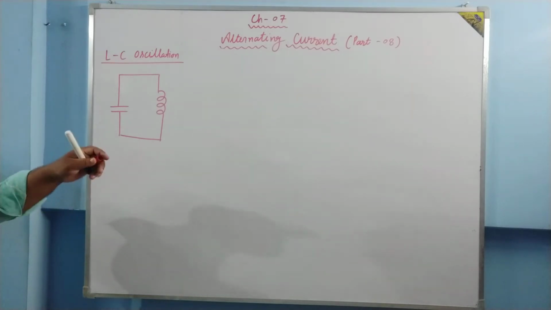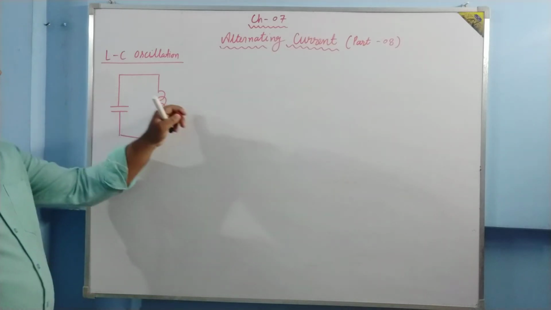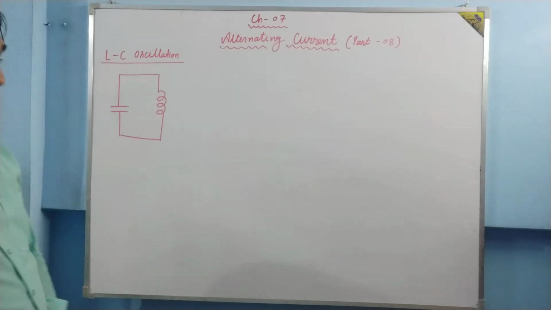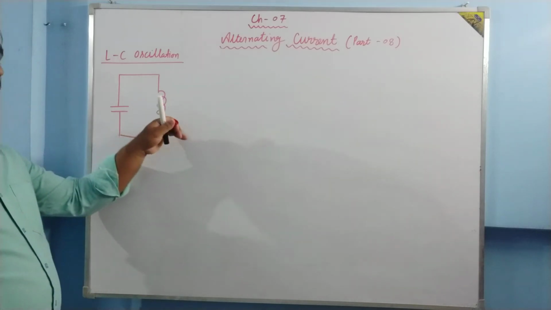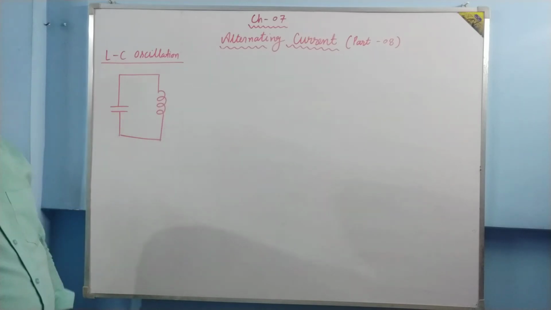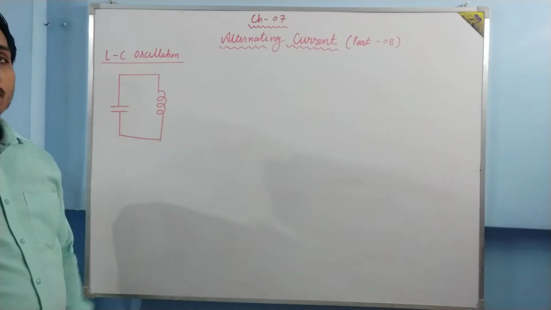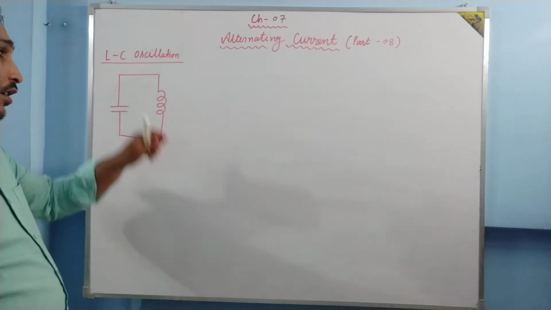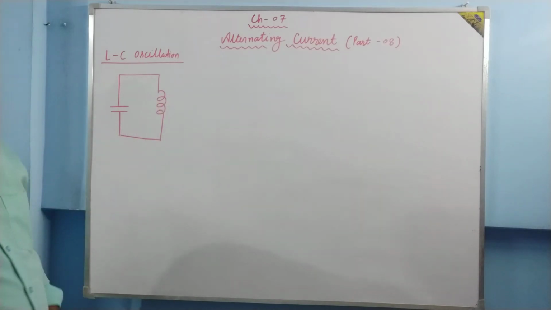If we connect this circuit, the capacitor discharges through the inductor, and then there is an induced current in the inductor which again charges the capacitor. Again the charge gets discharged across the inductor, and again the induced current charges the capacitor.